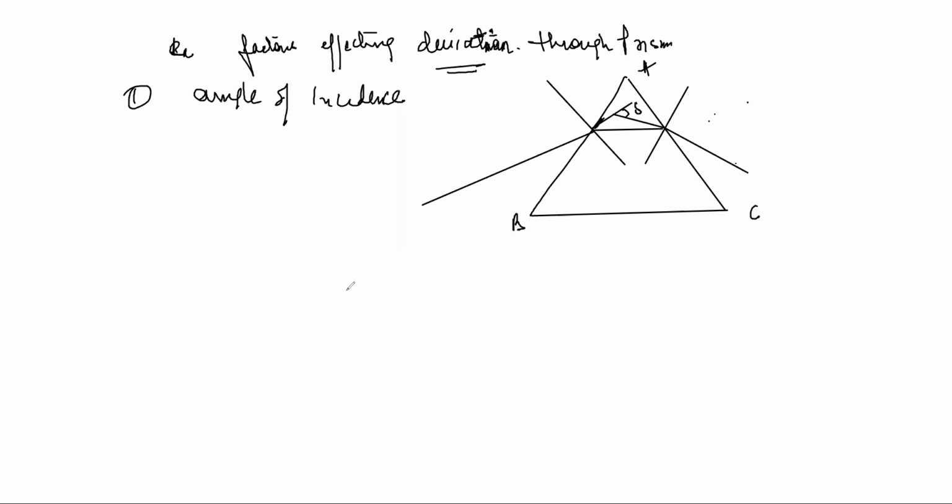Okay. So now try to understand this further. This was angle of incidence at the first surface, refraction at first surface, incidence at second surface, and so on and so forth. We've done this before.